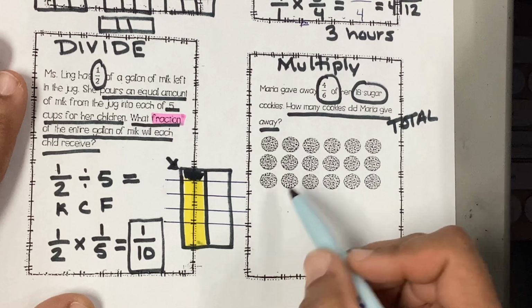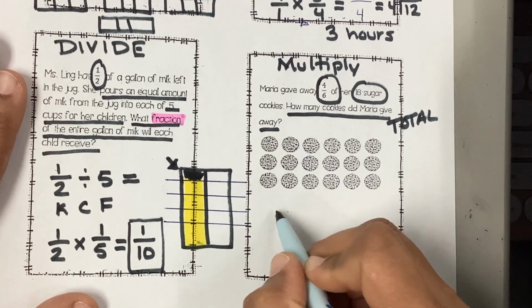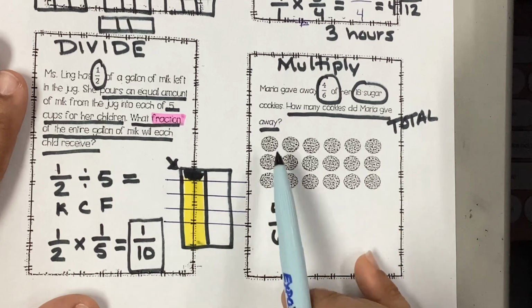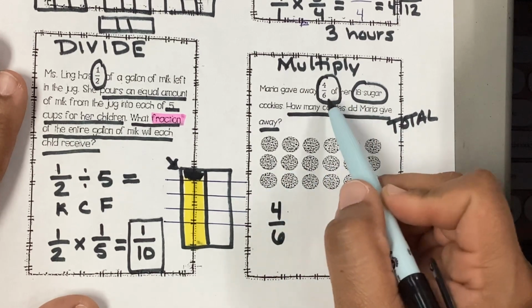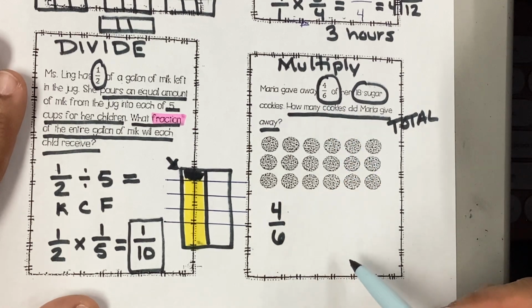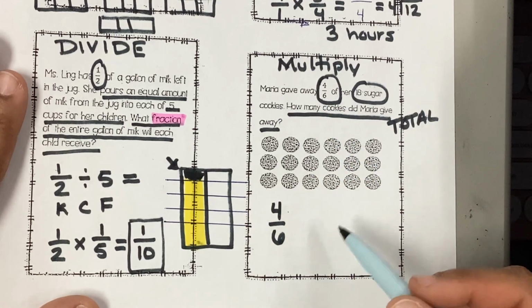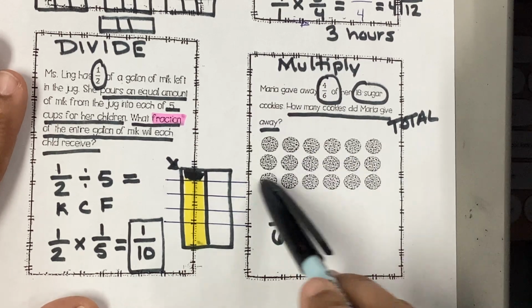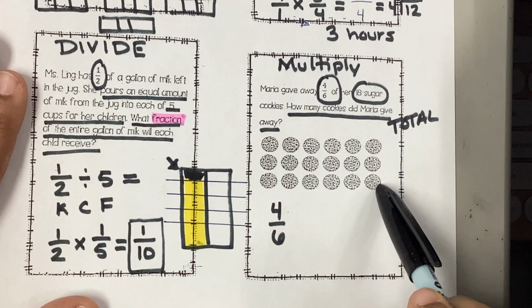So if we look at this, we have to find how many groups we will need. Well, our denominator tells us how many groups we should have. We should have 6 equal groups. So if I go across, that's not going to give me 6 equal groups. That only gives me 3.